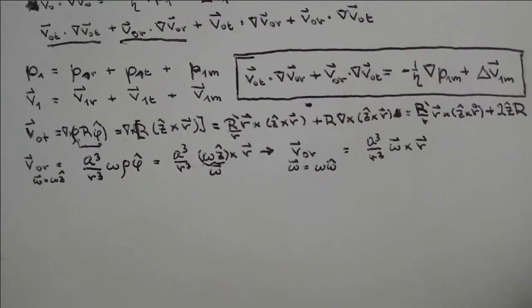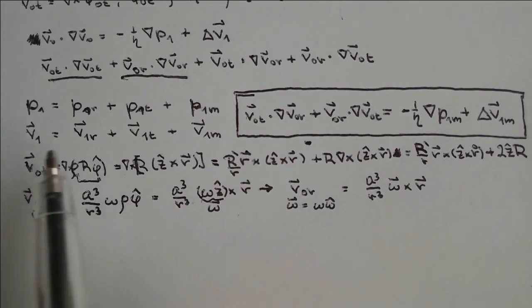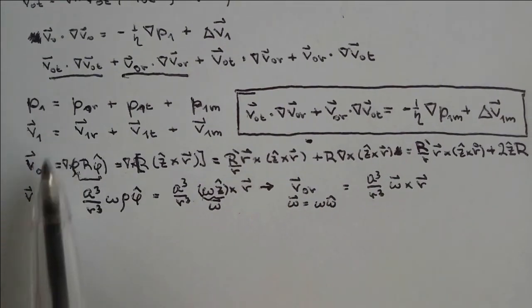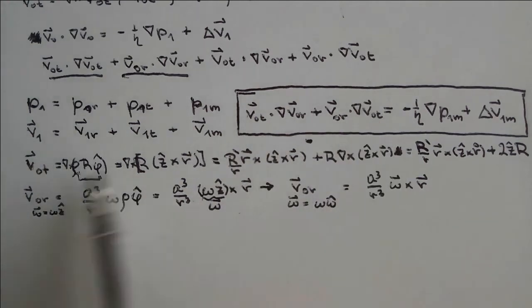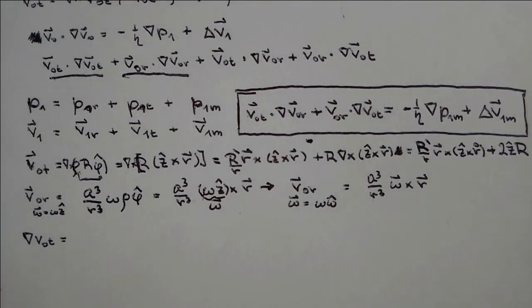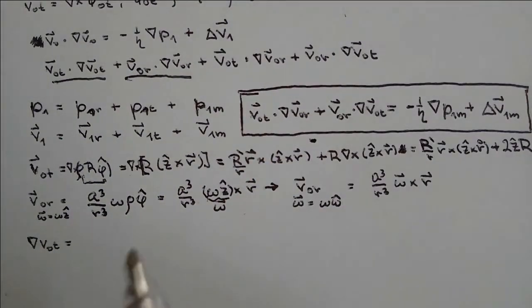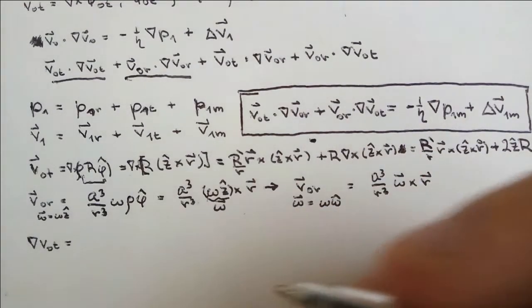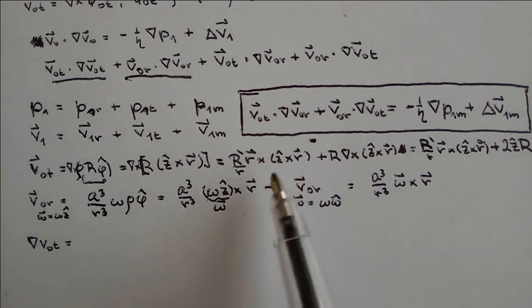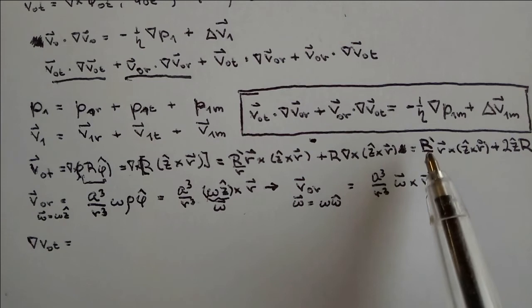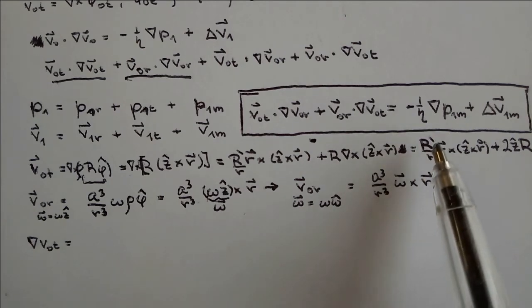And what next? Let us compute the gradients, because you have to take the gradient of this. So we have to compute gradients of V0T and V0R, the translation and rotational part solutions. If we take the gradient, it is acting on this term, which means its derivative times r hat.